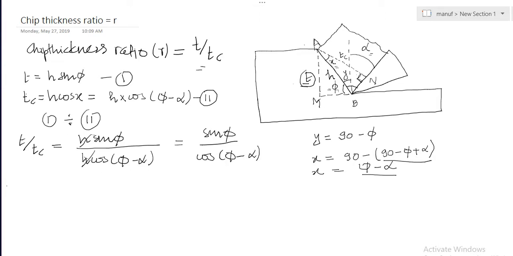Now we want to derive the relation between phi, alpha and r. So I can write r equal to sin phi upon cos of phi minus alpha. Expanding, r into cos alpha cos phi plus sin phi sin alpha equals sin phi.